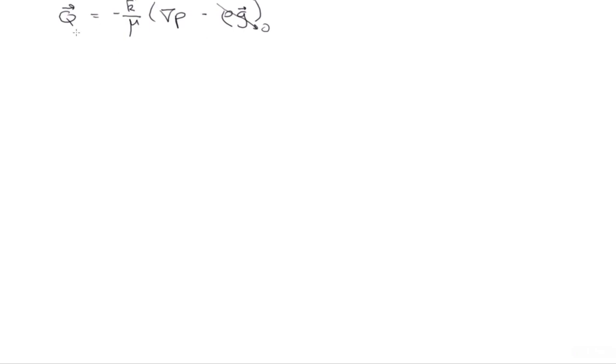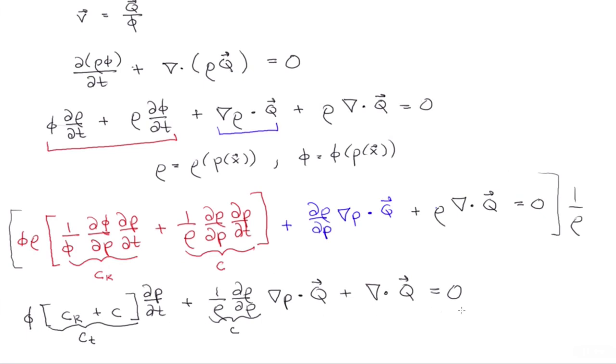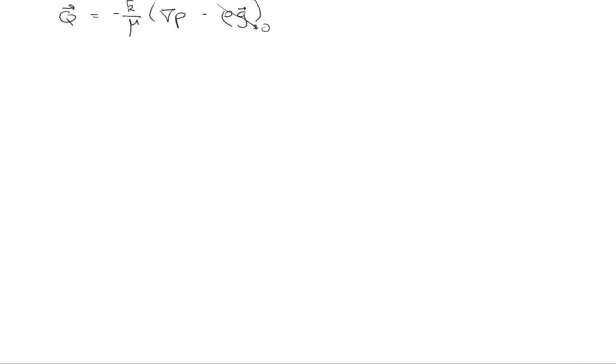And so if we substitute that back in to our final result, our final line here, then we have phi ct dp dt now minus. We'll also make the assumption that, okay, so let me write down the assumptions.